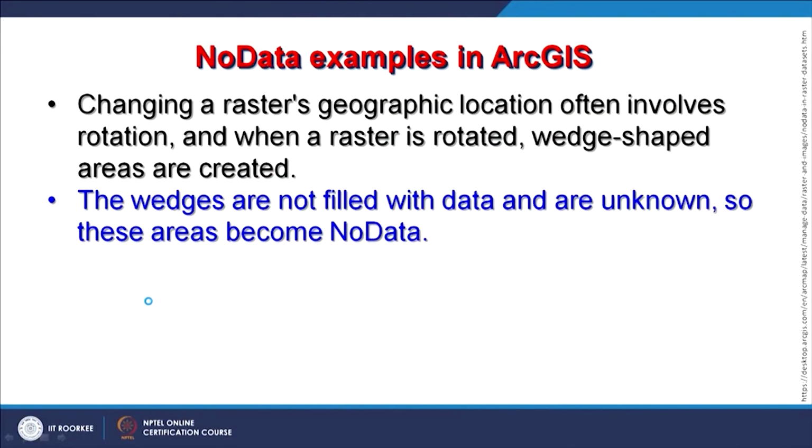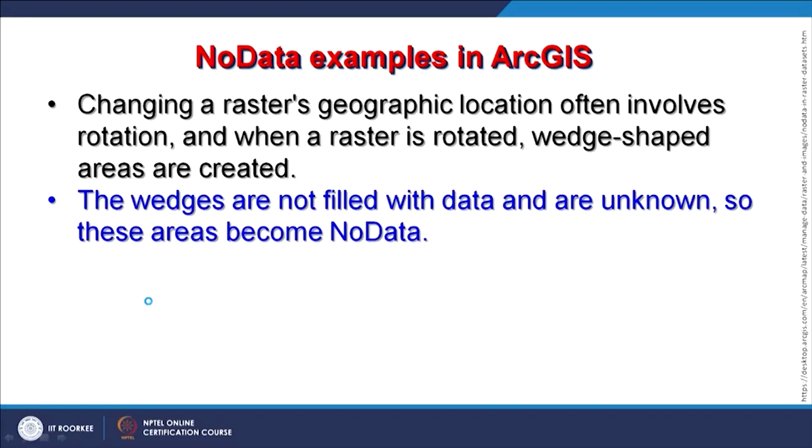Then on the sides there might be some background or wedges which might be created, which will be bringing these no data zones or no data areas. So, by default if we assign no color, then it will mix with the background and there should not be any issue.